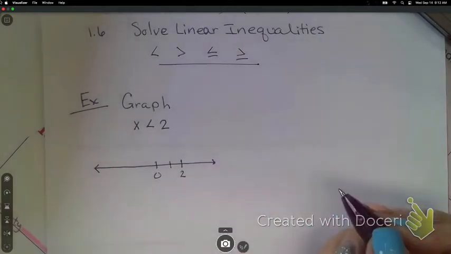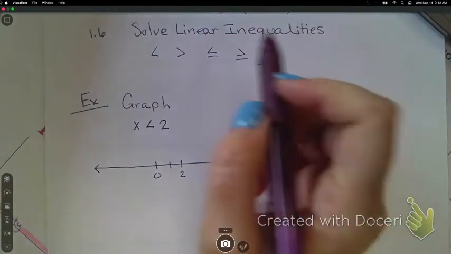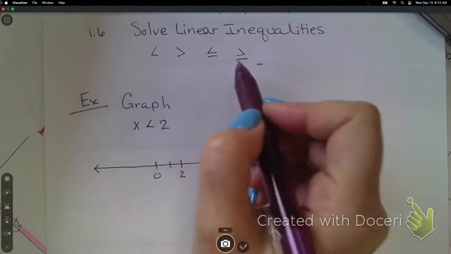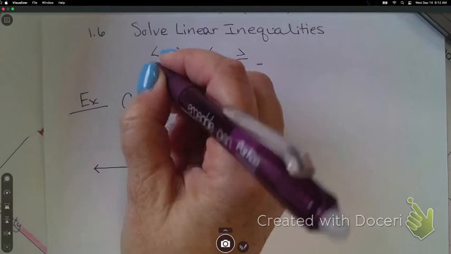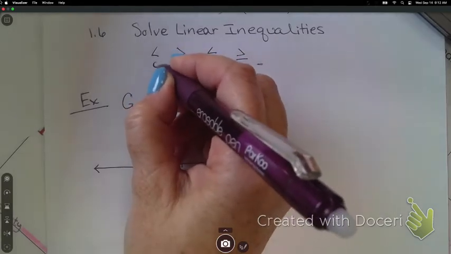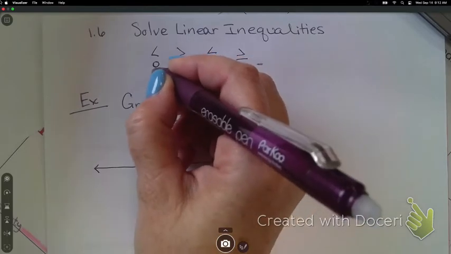Okay, so when I'm graphing less than, greater than, less than or equal to, I use open circles, or I can use parentheses.